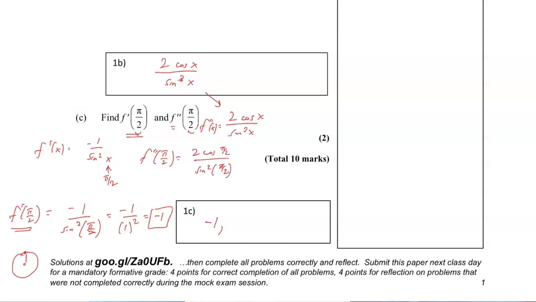Cosine pi over 2, right here, is equal to the x-coordinate of this position here, so it's 0. So the top is 0. And the bottom, sine pi over 2, remember that's just +1 because it's this position's y-coordinate, so it would be 1 cubed on the bottom. So basically it's equal to 0. So this expression here is equal to 0. So the first derivative is -1 and the second derivative is 0.